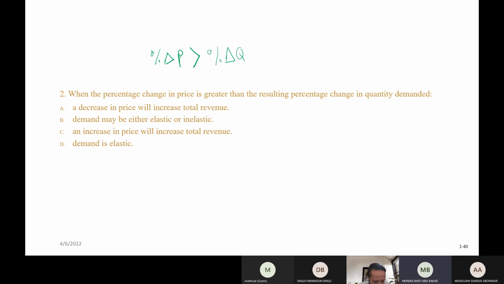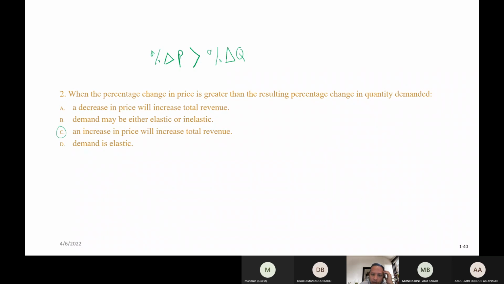Can you guess? Is it E? Or is it A? Do you say A? Yes. Okay. So the answer is actually C.